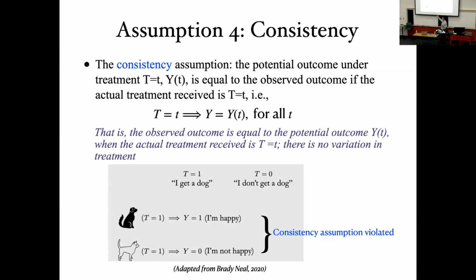So in this case, you can see you don't use sufficient information about the treatment. As a consequence, this is violated. Even if you have this treatment, for some other reasons the actual outcome is different from the potential outcome. And this is a very weird example because the description of the treatment is not complete in this case.